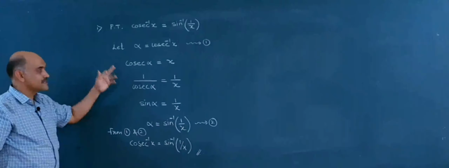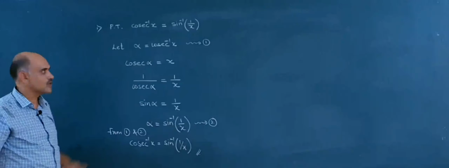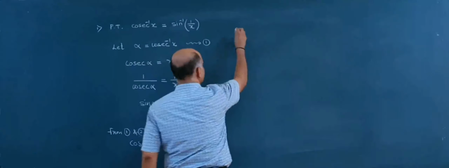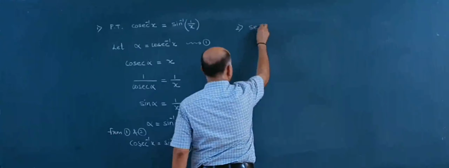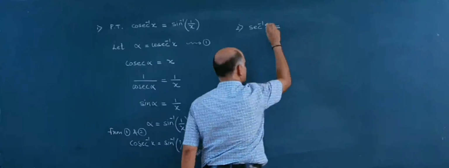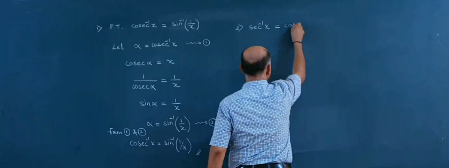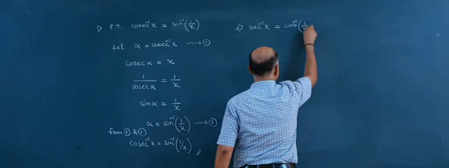Now similarly, can you guess the next formula, or the other two formulas, what I can write? If I take secant inverse x, what will be the RHS? Secant is the reciprocal of cos, so you will have cos inverse 1 by x.